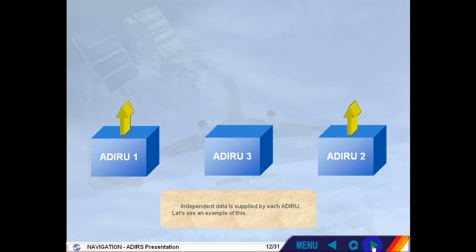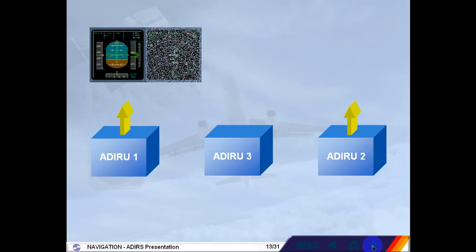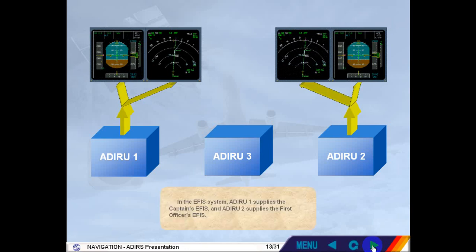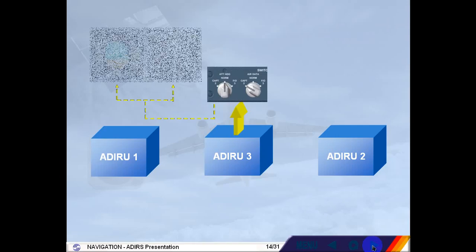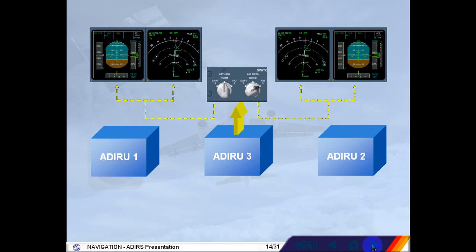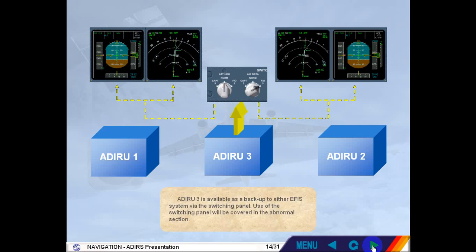Let's see an example of this. In the EFIS system, ADIRU 1 supplies the captain's EFIS and ADIRU 2 supplies the first officer's EFIS. ADIRU 3 is available as a backup to either EFIS system via the switching panel. Use of the switching panel will be covered in the abnormal section.